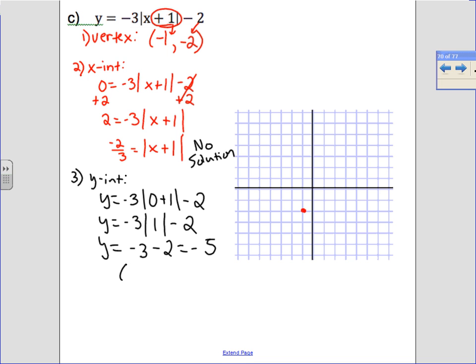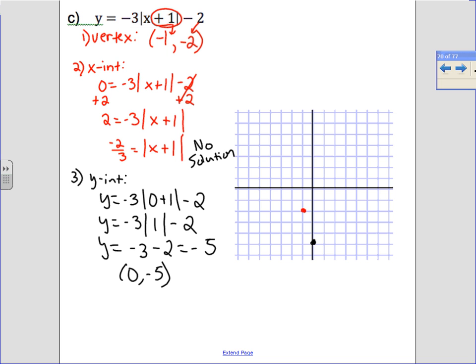So the y-intercept is (0, -5), so yes, we do have one. If we go to graph that, over 0, down 5: 1, 2, 3, 4, 5, down here. So there's our y-intercept. It's where the graph crosses the y-axis.